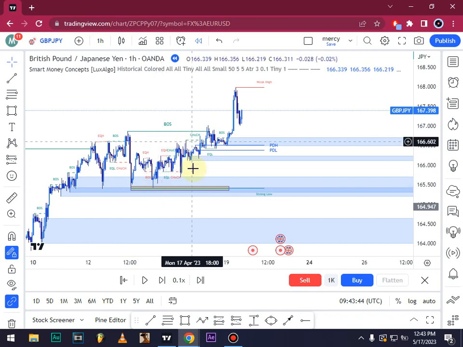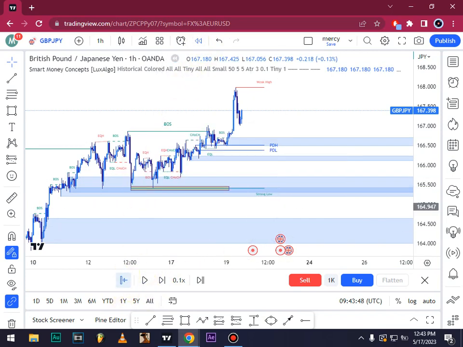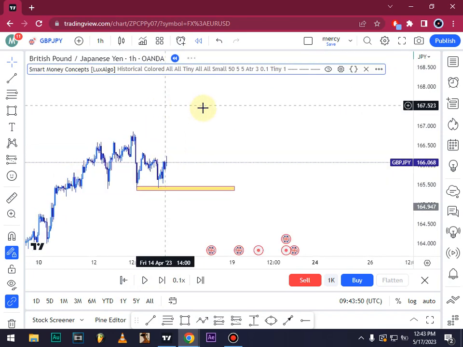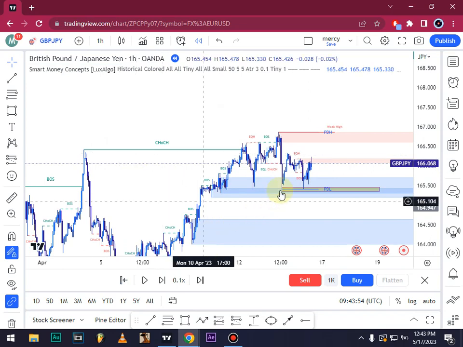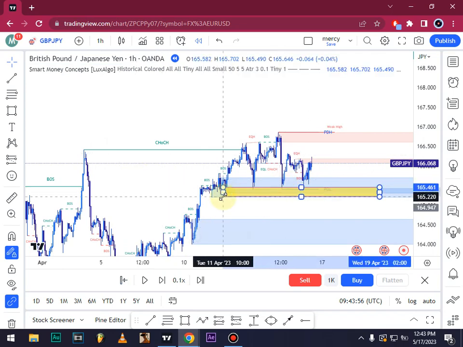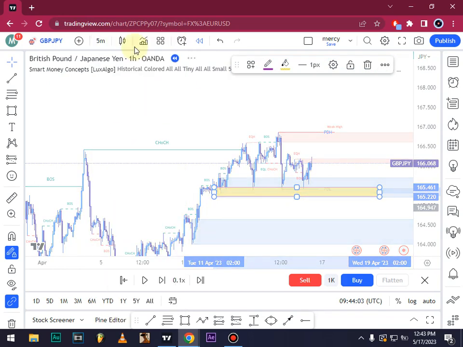Okay, let's see. So we can see that zone is strong, gang. And let's see what's happening at the 15. Okay, let's go. Come on, man.